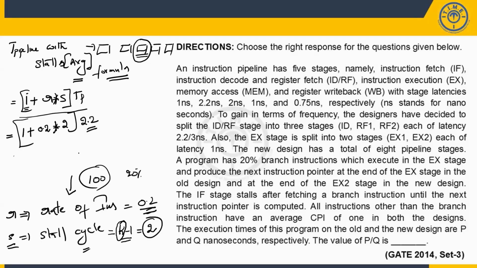Yes, sir. So 1 plus 0.2 into 2 into 2.2, that is equal to 1.4 into 2.2. What is the answer? This is for the first pipeline. 1.4 into 2.2 is equal to?